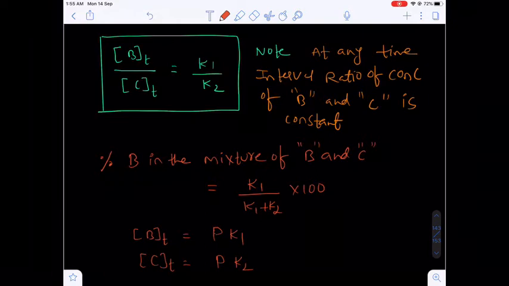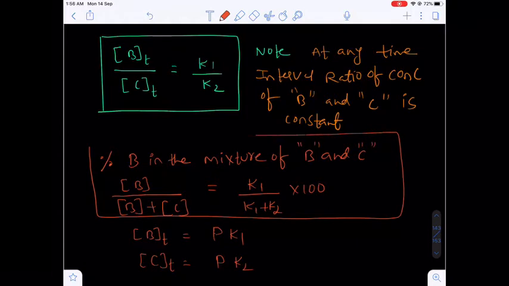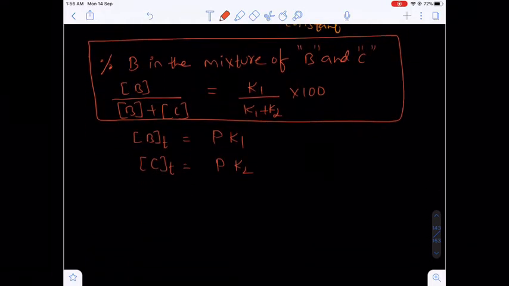Now if you want to calculate the concentration of B in the mixture, that means the concentration of B divided by the concentration of B plus the concentration of C. So if you write P into K1 by P into K1 plus P into K2, the P will get cancelled out. So you will get finally K1 by K1 plus K2. So this is a very, very important expression regarding the percentage of the product in the mixture. Are you getting my point?